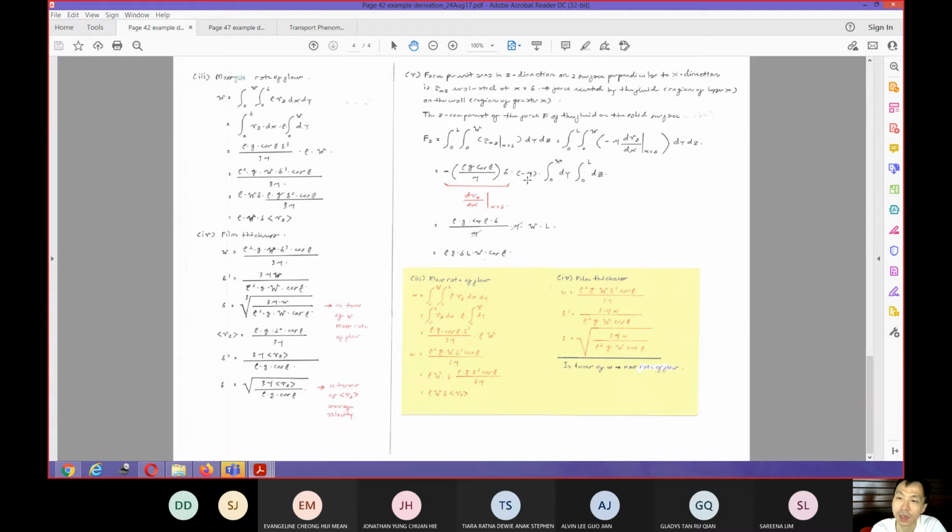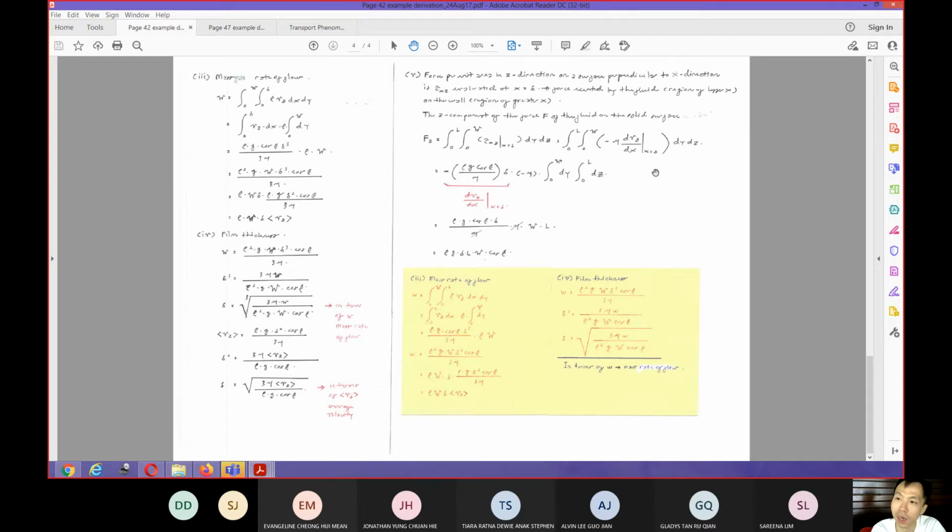Now this term does not have a connection with dy and dz, because it is only a constant after you substitute delta.